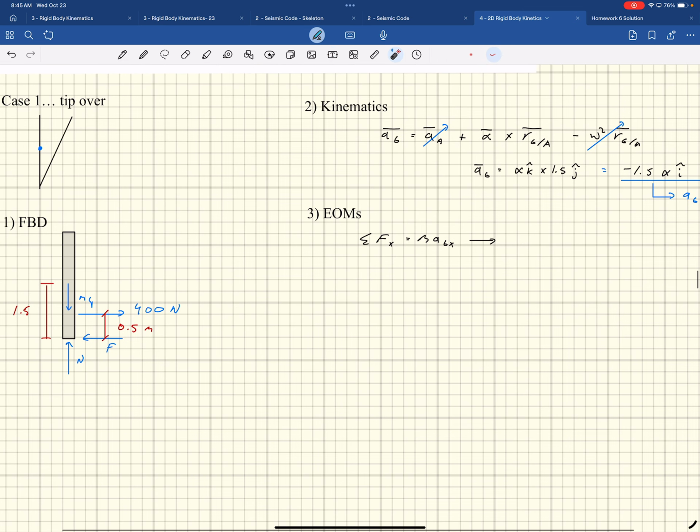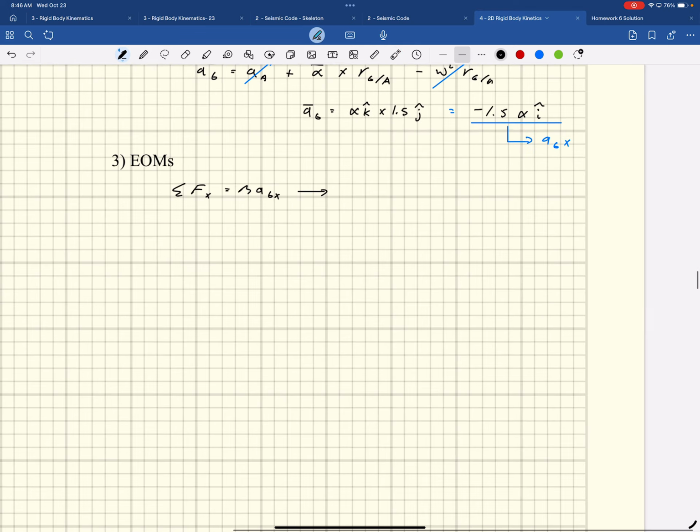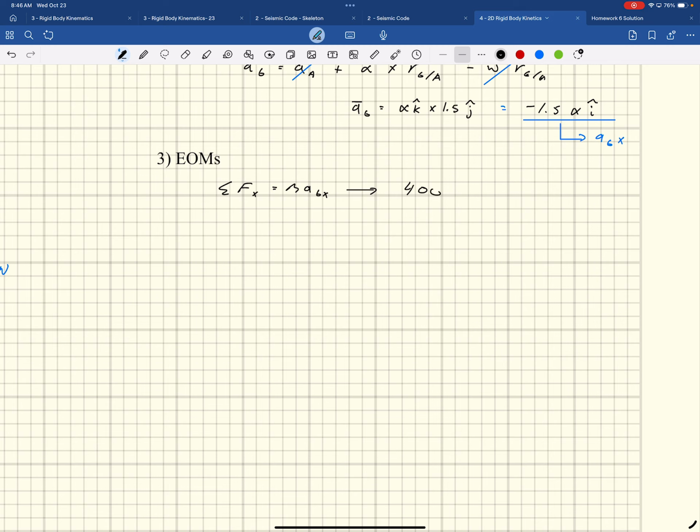Well, I got a 400 and a friction force going back like that, just those two. So this would be 400 minus the friction force is equal to M times negative 1.5 alpha. So I just substitute in what AGX is.